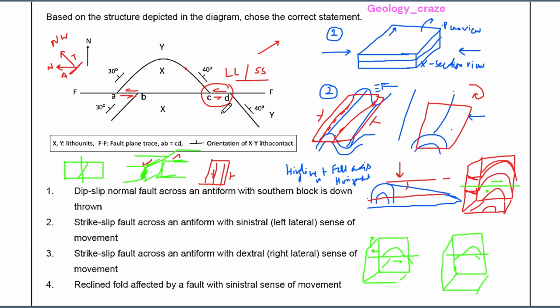When we are standing at one place and the other side is moving toward our left, we will say left lateral or left sense or sinistral sense. And it is a plunging anticline, and plunging toward which direction? Plunging toward north.